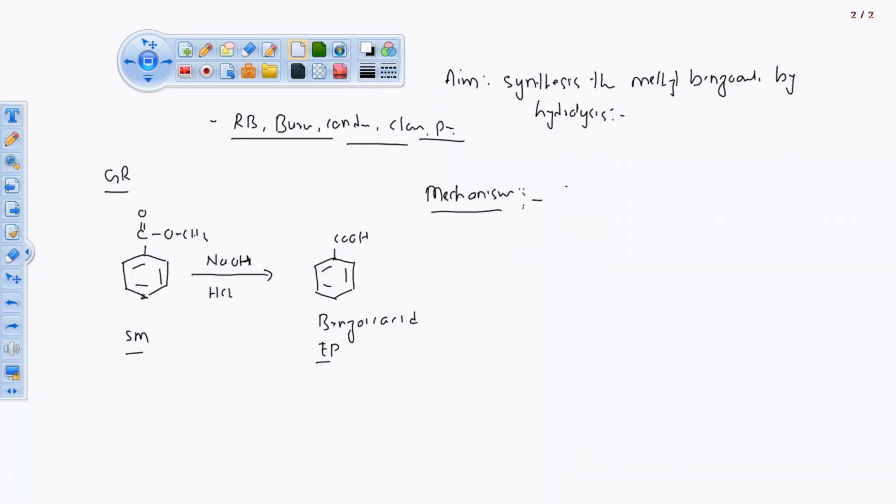So now the first step is step 1. What is happening in step 1? Attack by OH. Okay, OH means the NaOH.